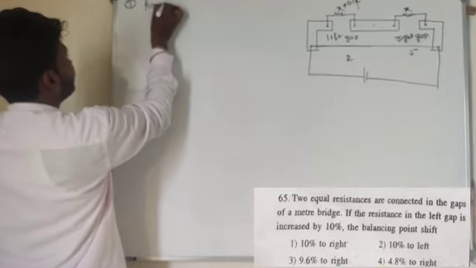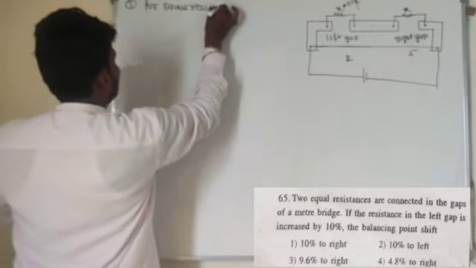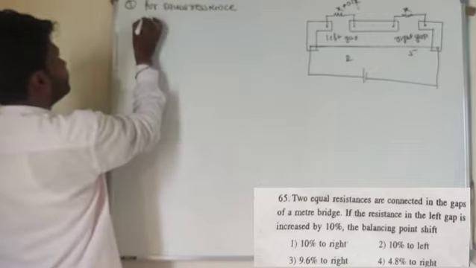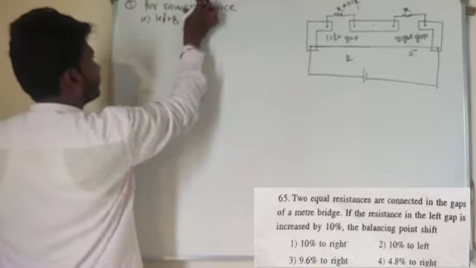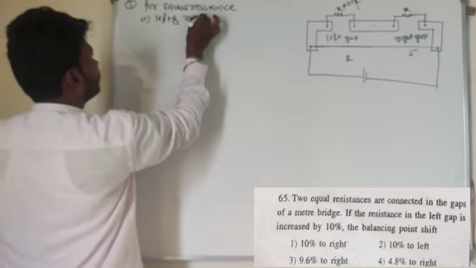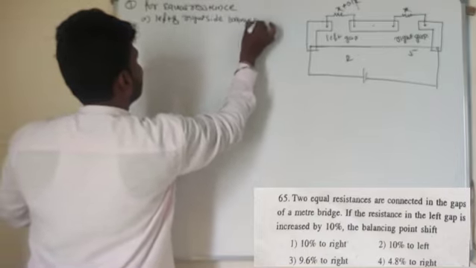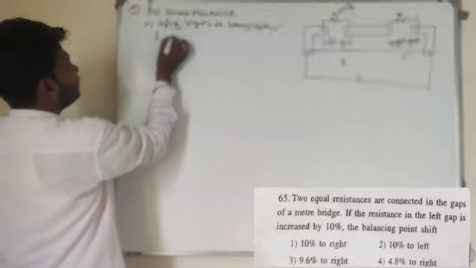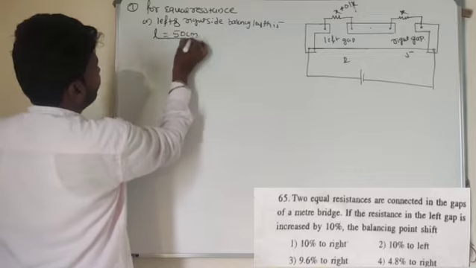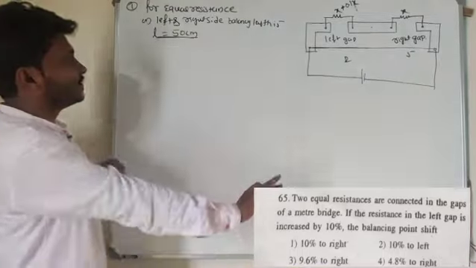For equal resistance on left and right side, what will be the value of balancing length? L is equal to 50 centimeter. Balancing length is 50 centimeter.